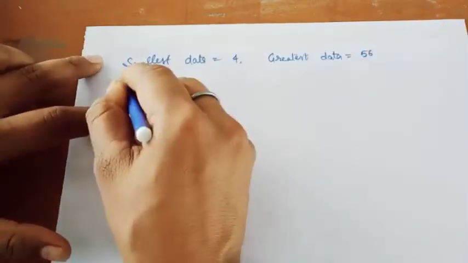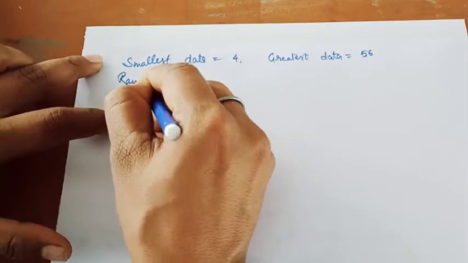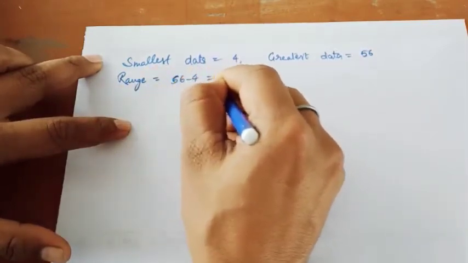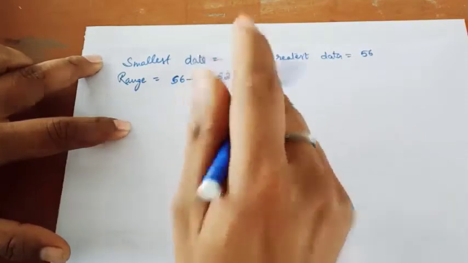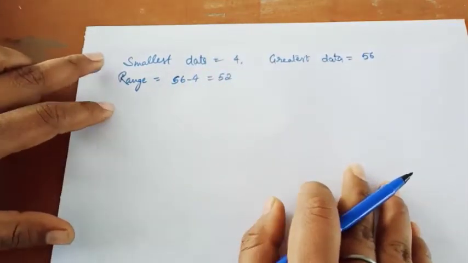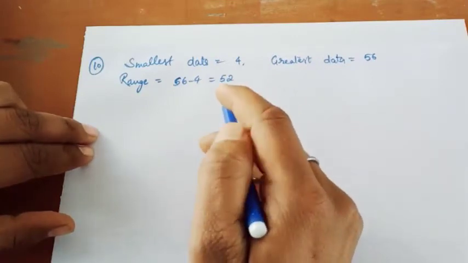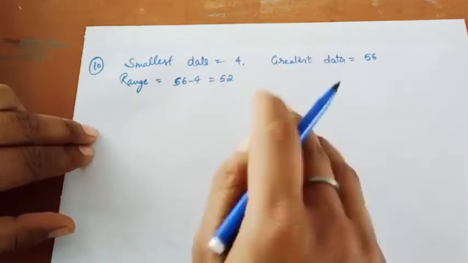So the range is 56 minus 4, which is 52. Range is 52. Now we have to see how we will draw the frequency distribution table.